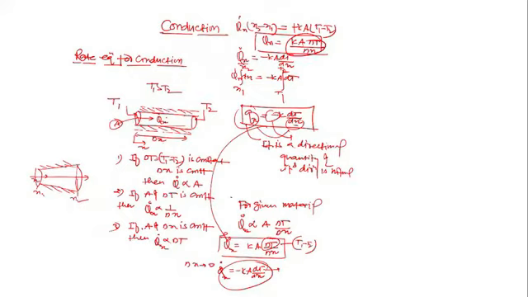Now tell me, can you write this equation for heat transfer Q dot x, if this is T1 and this is T2, as T1 minus T2 into k upon delta x into area? Is the area constant? Is the area normal to the direction of heat transfer? This is the area. If you see here, at this point the area is different, at this point the area is different. Area is a function of x in this equation.